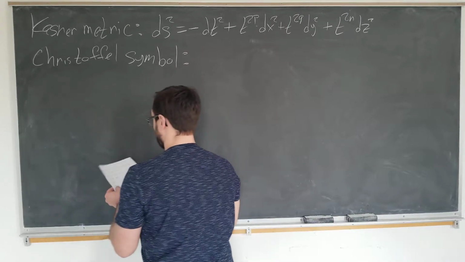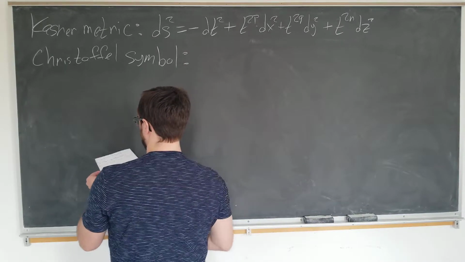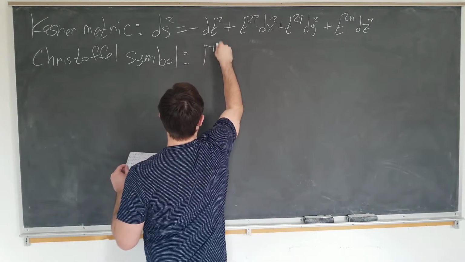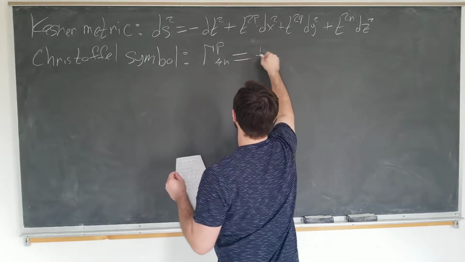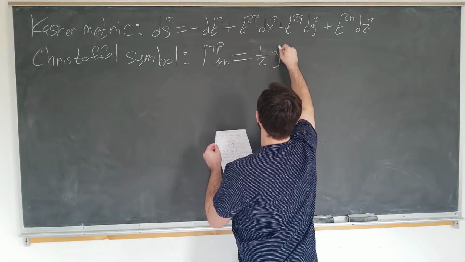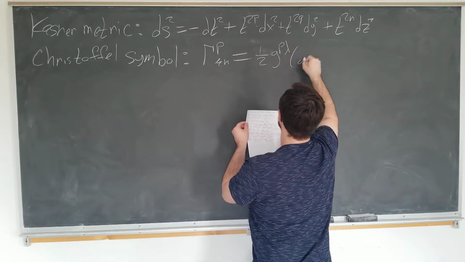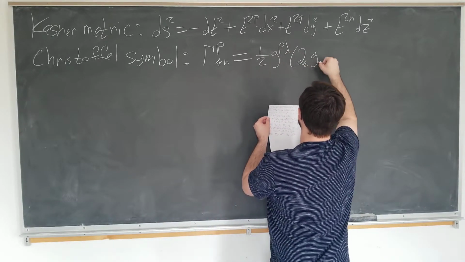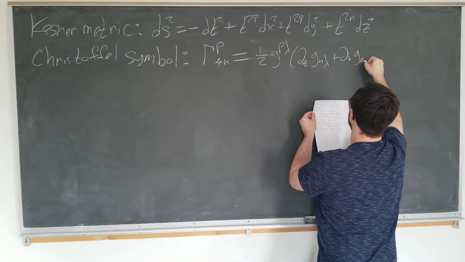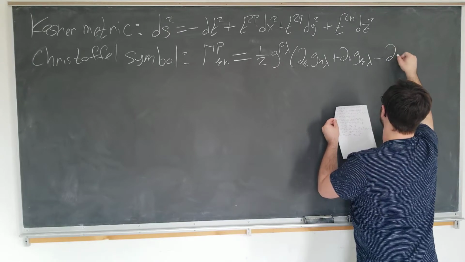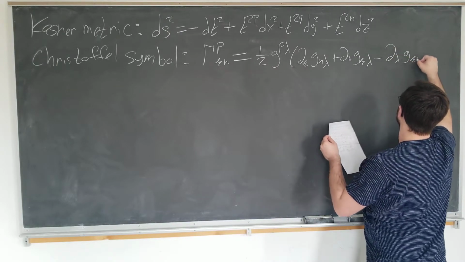And this definition is as follows. Gamma of 3 Greek indices, rho mu nu, is 1/2 g rho lambda d mu g nu lambda plus d nu g mu lambda minus d lambda g mu nu.